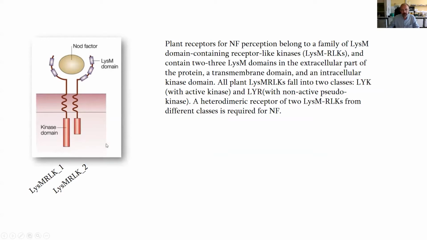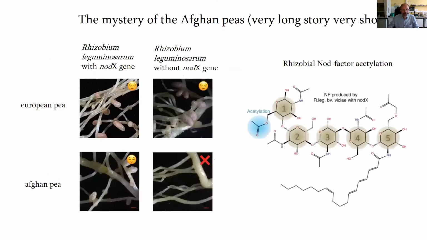All plant receptor kinases fall into two classes: LYK with active kinase and LYR with not active. Usually, a plant receptor acts as a heterodimer consisting of two receptors, one LYK and another LYR.